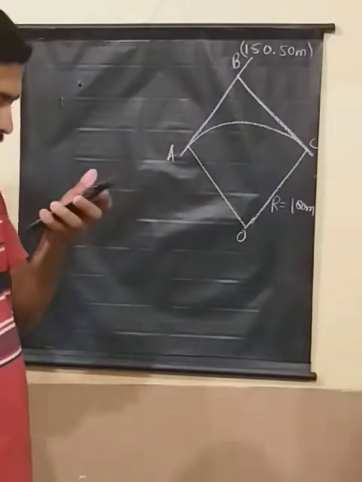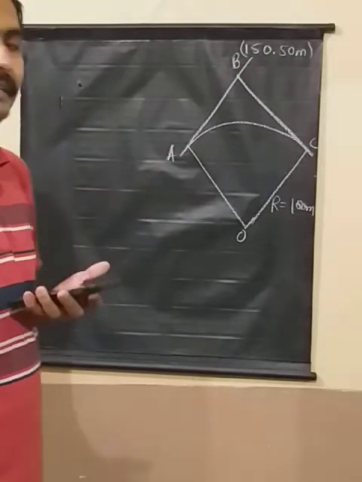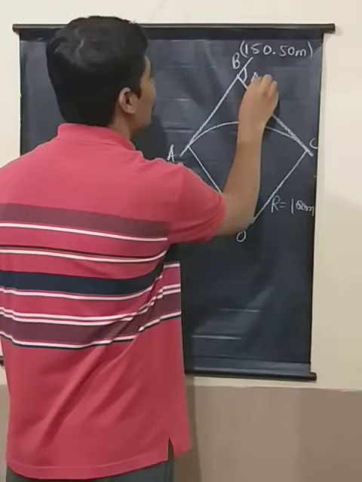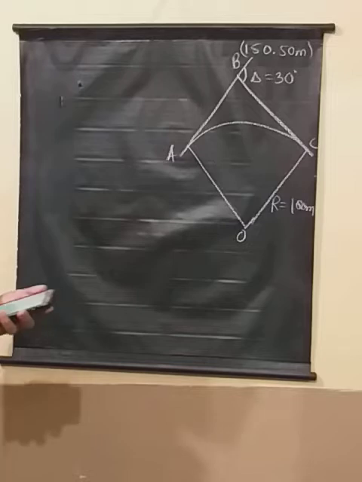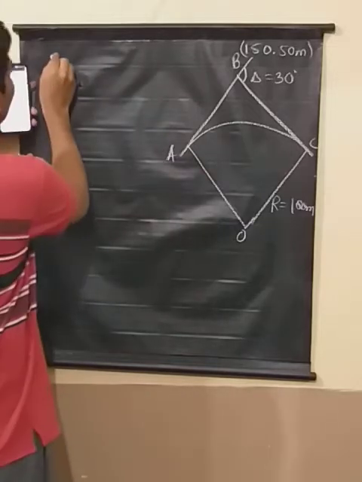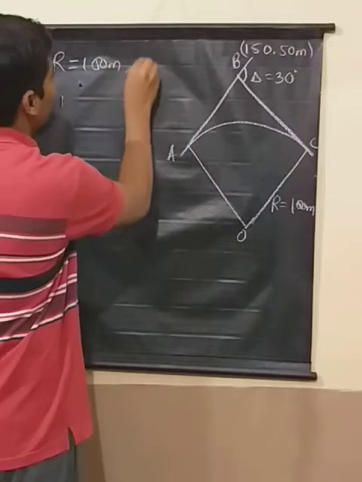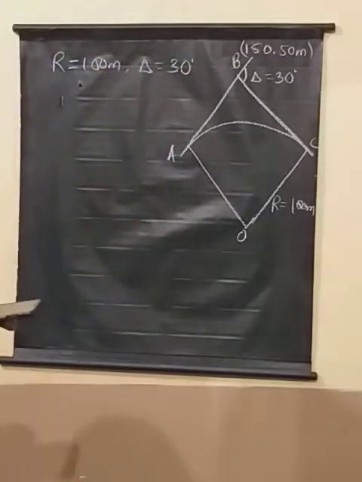Then the deflection angle is 30 degree. The deflection angle is this, delta, and it is given as 30 degree. So I will write the major data given: R is equal to 100 meter and delta is 30 degree.